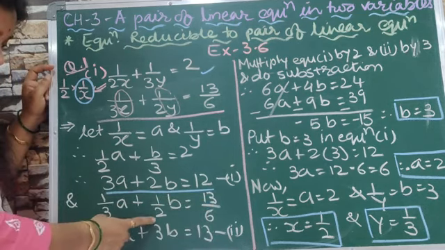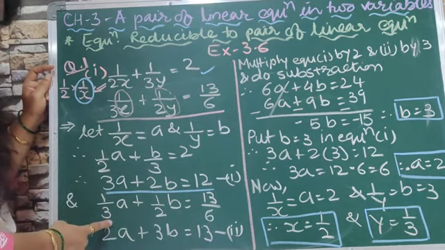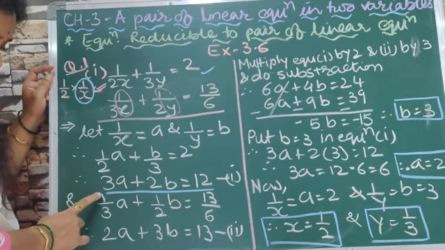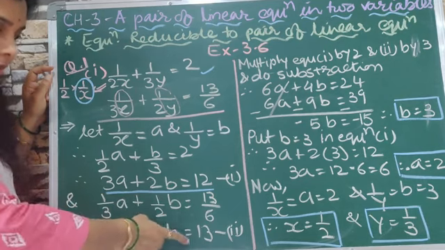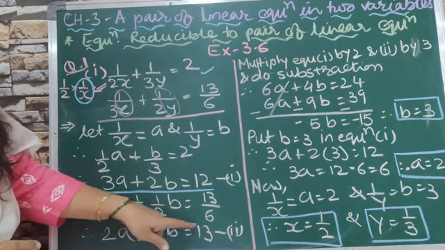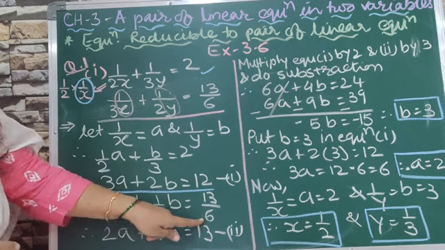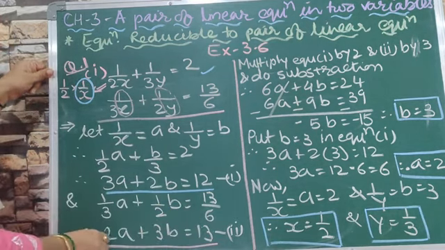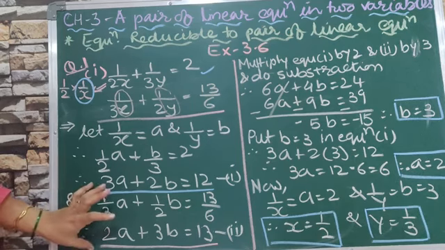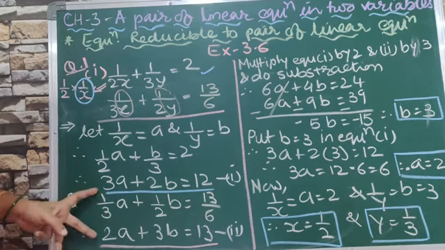Again here 3 and 2 are there at the denominator place, so the LCM is 6. So I have to multiply this 1 with 2. So 2a plus 3b is equal to 13, as 6 is already in the denominator place.